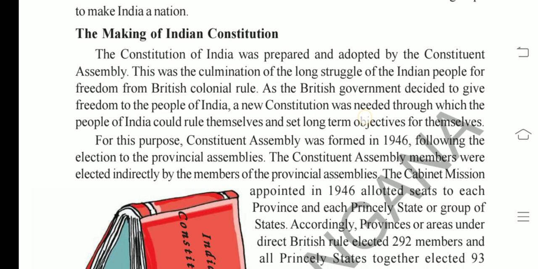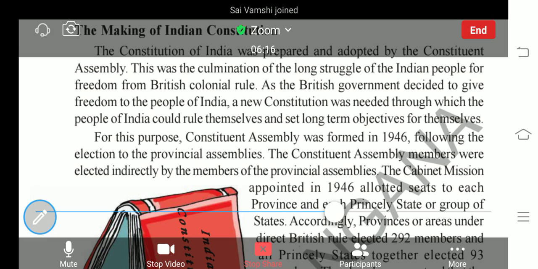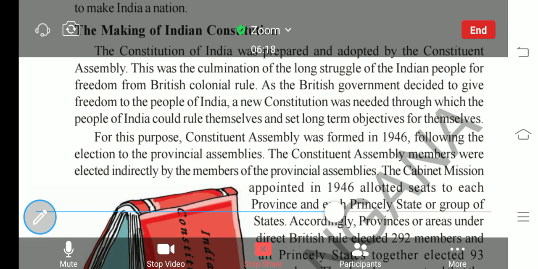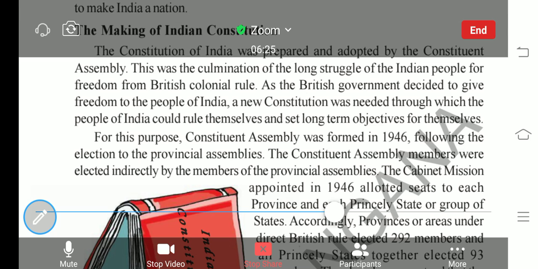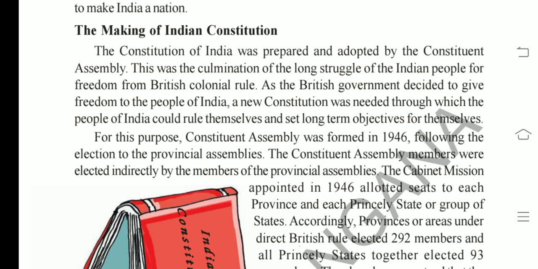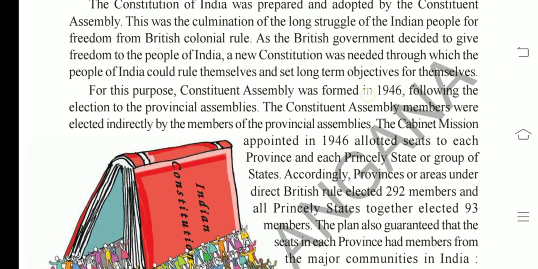So, for forming the Constituent Assembly, elections were conducted for the provincial assemblies in 1946, and its members, that is, Constituent Assembly members, are elected indirectly by the members of provincial assemblies.